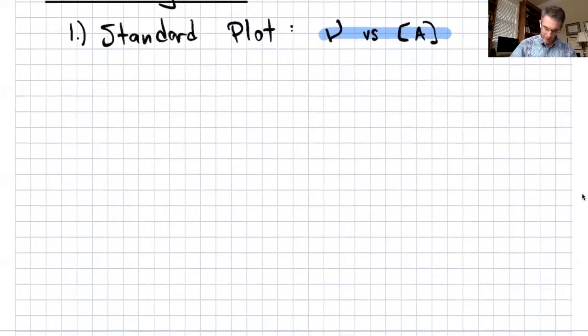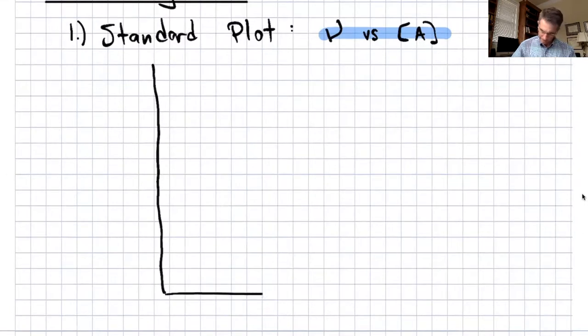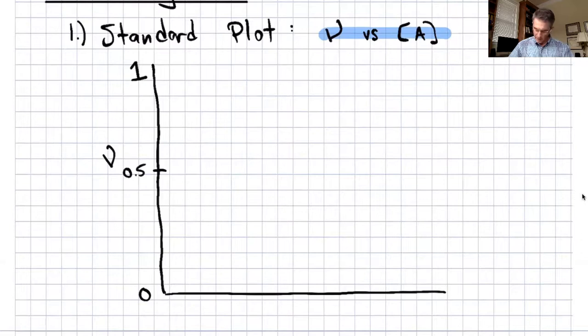If you do that, you would get a plot that looks something like this, where we've got the degree of binding over here on the y-axis. Remember, we're doing simple single site binding, so it goes from 0 to 1. Here's the halfway point, and down here is the concentration of our ligand A.